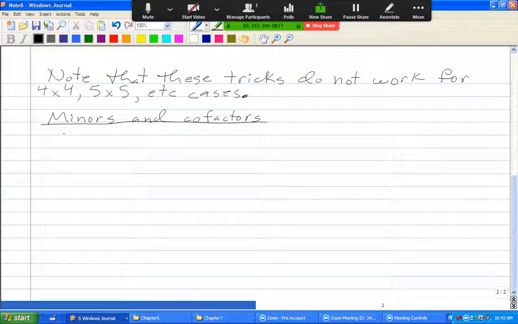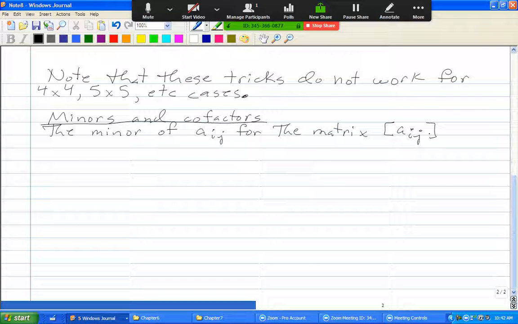And so the minor of Aij for the matrix Aij.